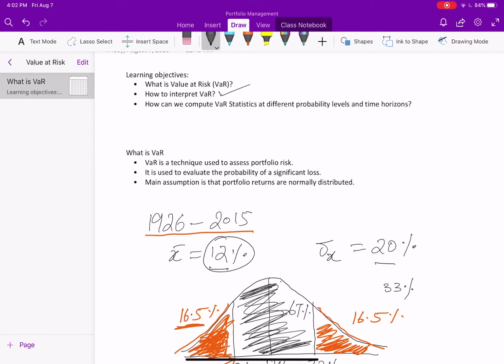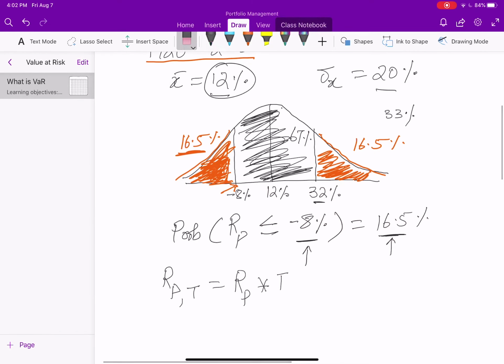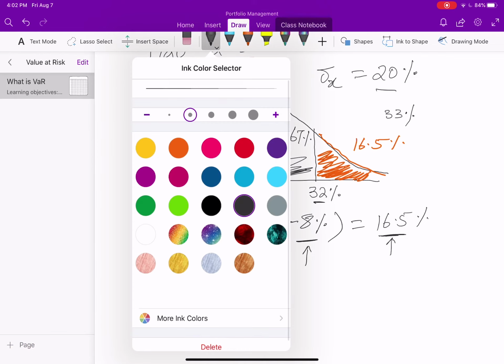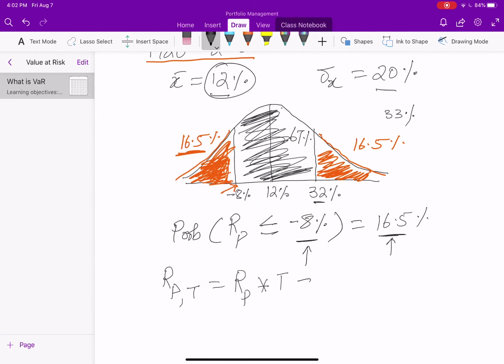The annual mean return here is 12%, and to convert it into the 2-year average return, we multiply this annual return of 12% by 2.